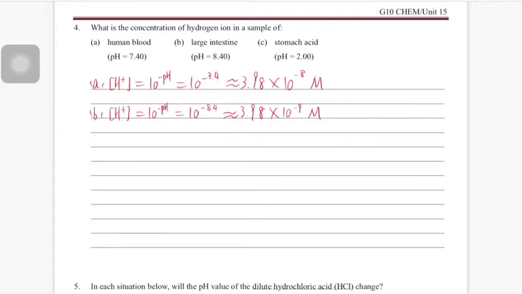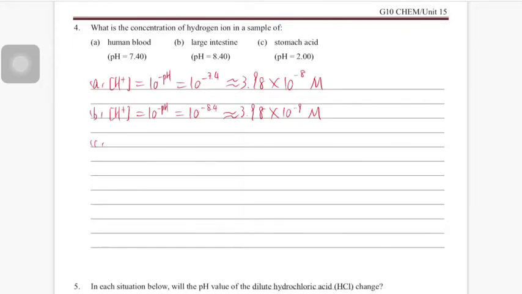Okay, and you can check that the pH increased by 1, and the concentration of hydrogen ion decreased by 10 times. pH value increased by 1, concentration of hydrogen ion decreased by 10 times.